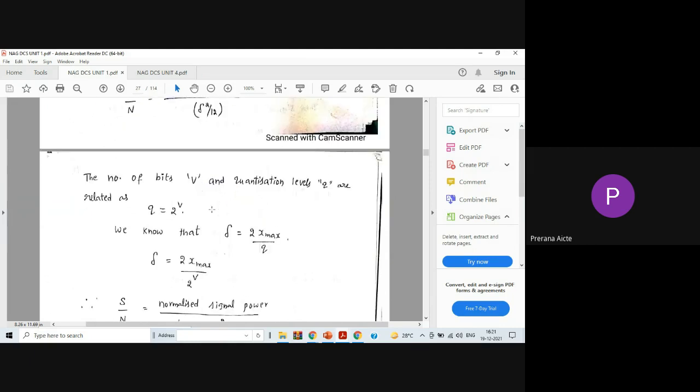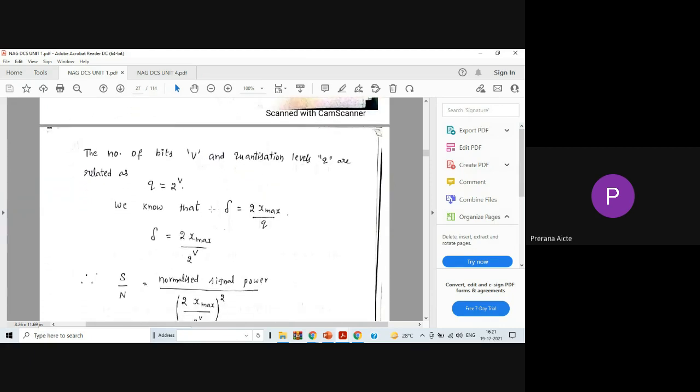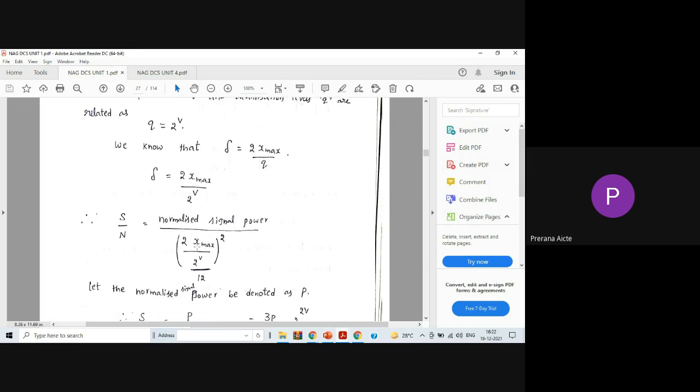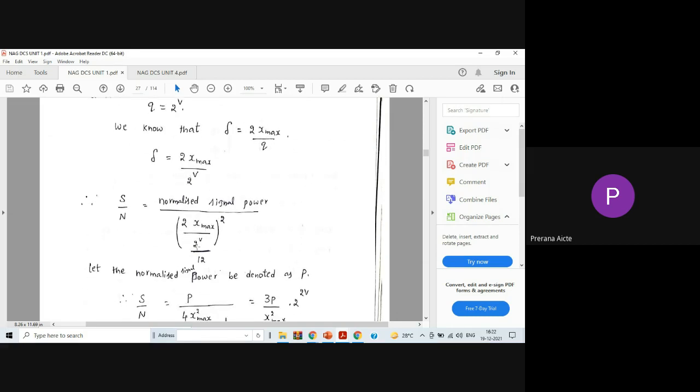And do you know, right, the relation between the number of binary digits V and quantization levels Q is given by the formula Q equals 2 power V. So we are writing delta equal to 2 into X max by Q, which is 2 power V. So the S by N ratio equals normalized signal power by delta square by 12.